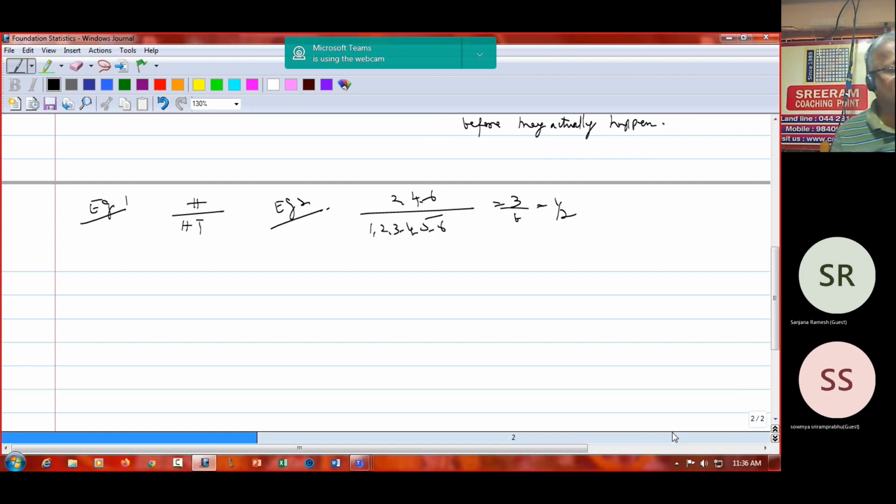A box has, come on, kindly just make note, a box has 4 white balls and 6 red ones. Probability of a ball being white.